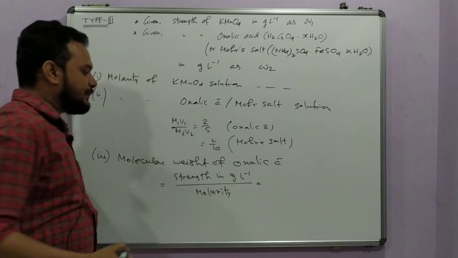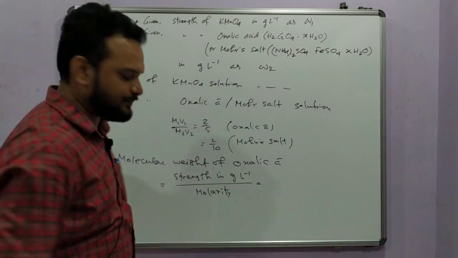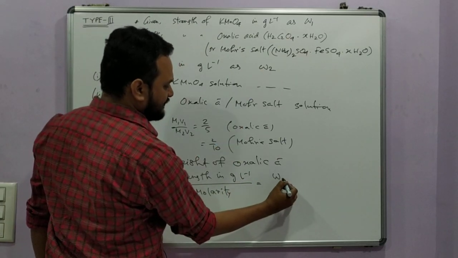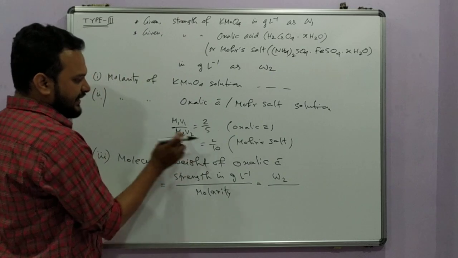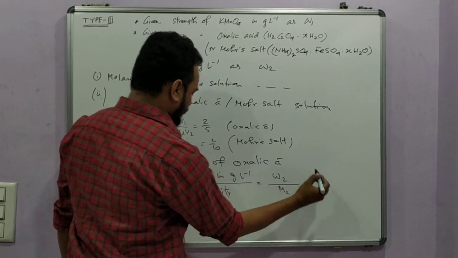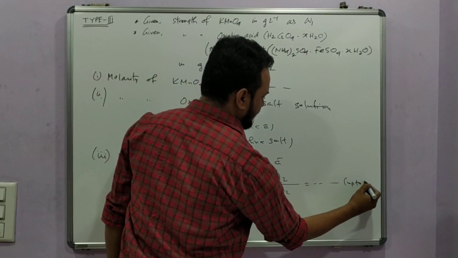Now strength in gram per liter for pure is given, because here both the samples are given as pure sample. So strength in gram per liter is simply W2, that is given, and this molarity M2 you have found from question number 2. So from here you get the molecular weight, again up to 5 decimal.